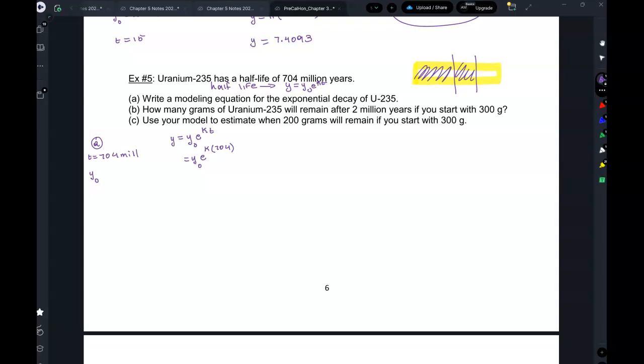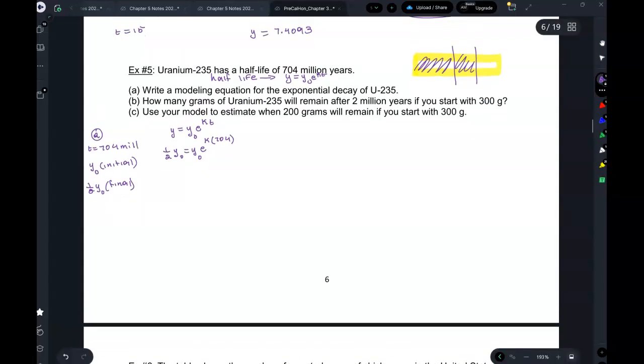Half of it. So half y naught. If y naught is the initial, half y naught is the final amount. Now, what happens to the y naughts here? They go away.